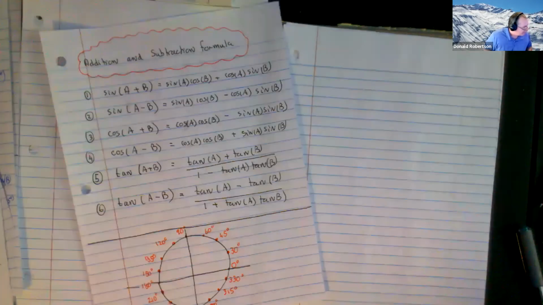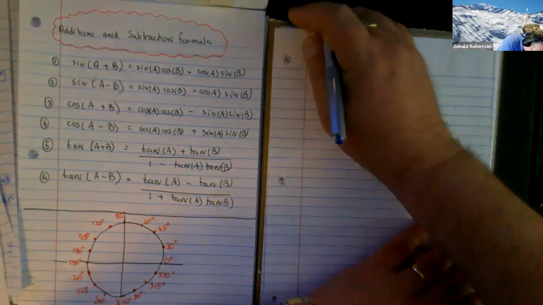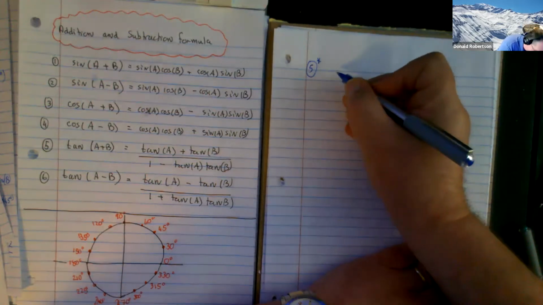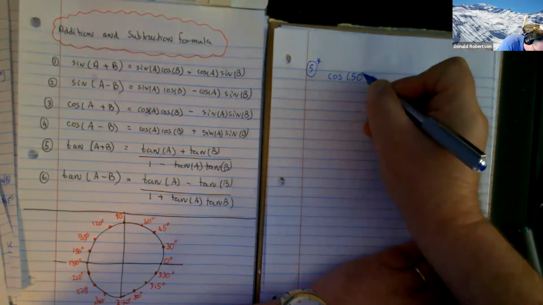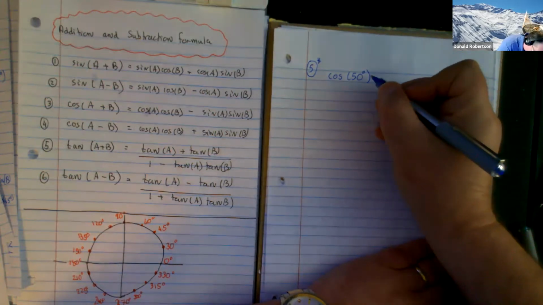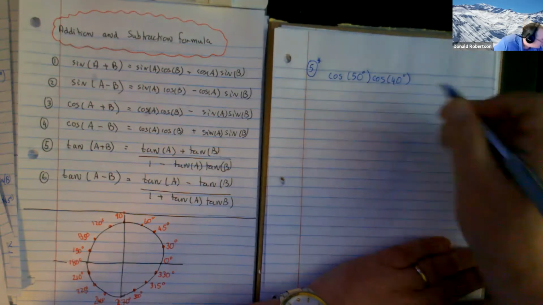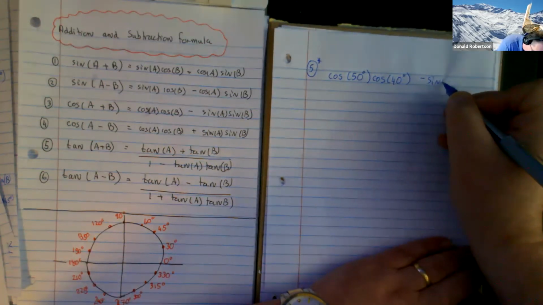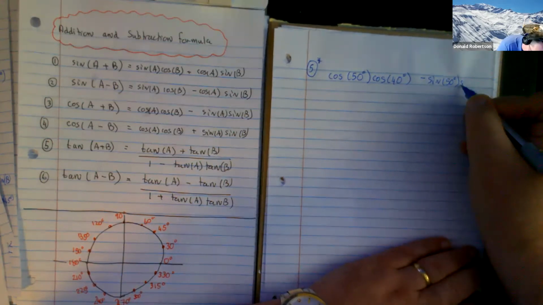So what's next in this group of questions? Well, for want of a better word, I'm going to call them puzzle questions. So here's an example of a puzzle question. The cosine of 50 degrees times the cosine of 40 degrees, take away the sine of 50 degrees times the sine of 40 degrees.